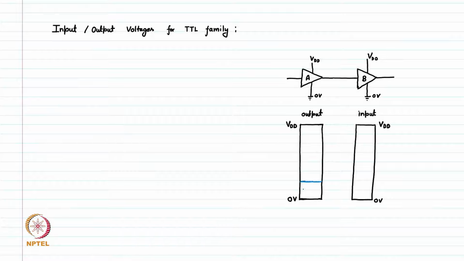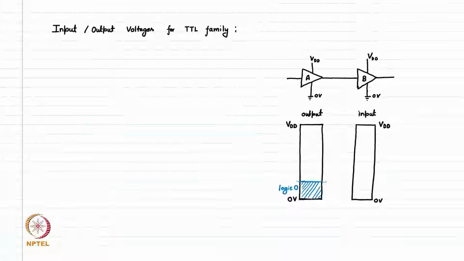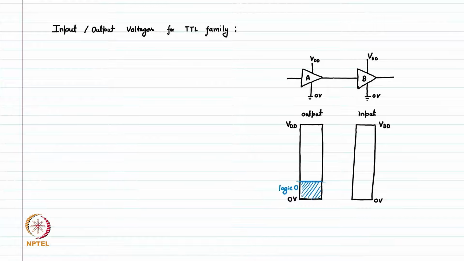Output low need not be at 0 volt, but it can be within a range. This is my logic 0. I still accept this value as logic 0 up to this point in voltage. So, the y axis is the voltage and up to, let us say, 200 millivolt, I accept this as a logic 0.